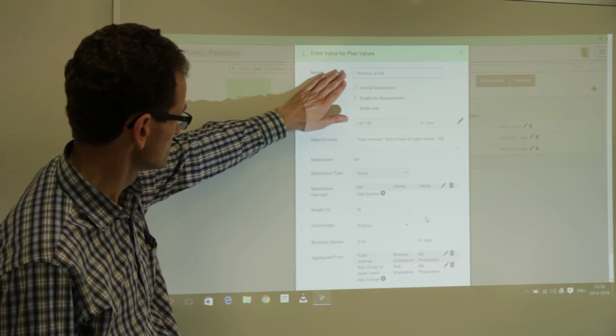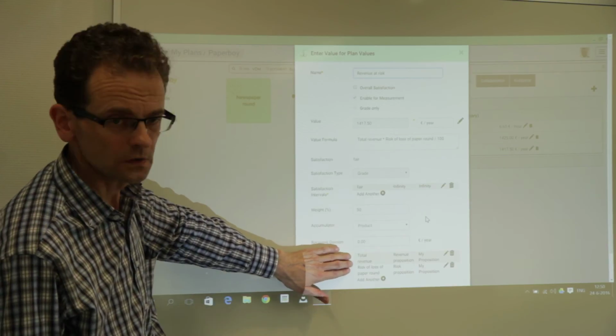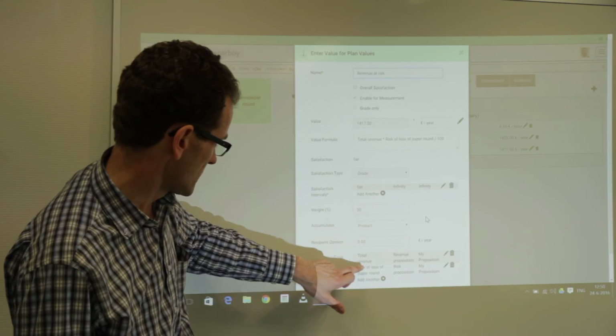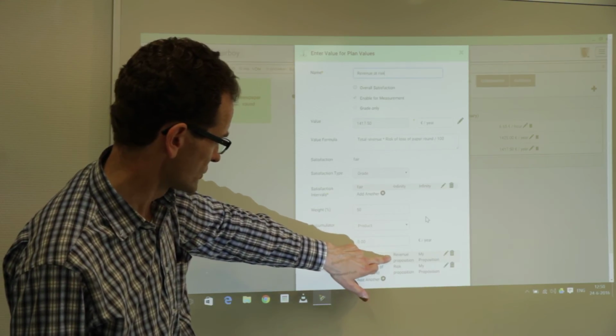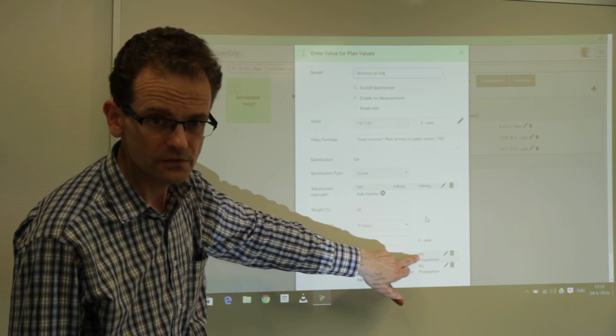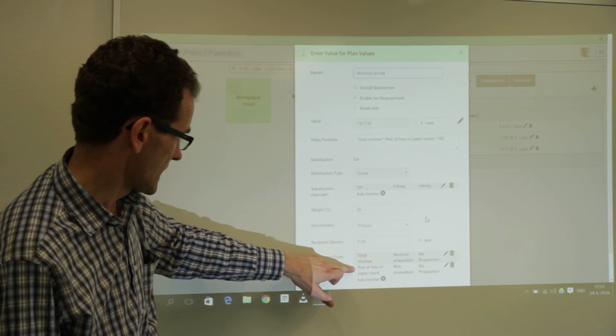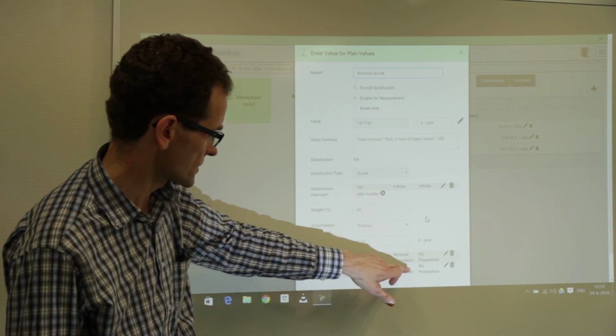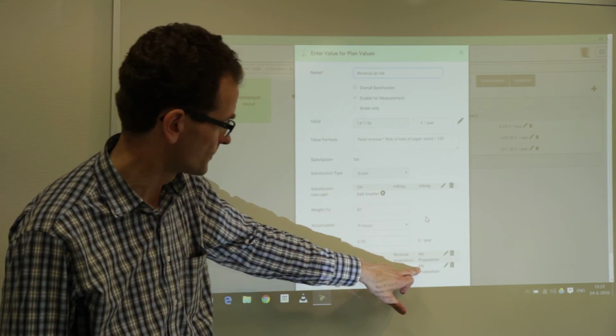So this plan value is aggregated from two other values. A total revenue, which comes from the revenue proposition, which is my proposition for the Paperboy, as well as the risk of the loss of the paper round, which comes with the risk proposition as my proposition to the Paperboy.